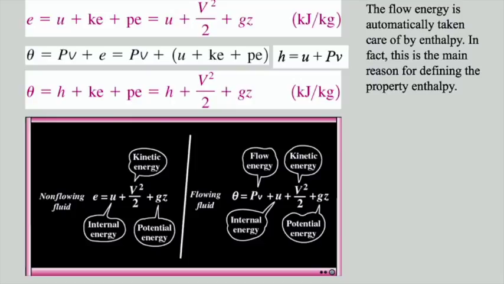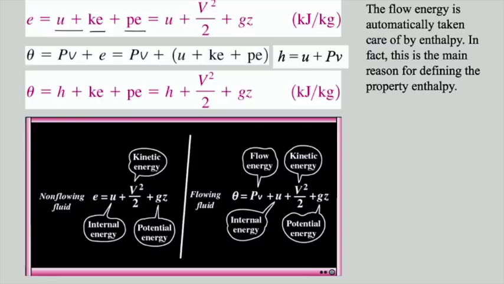With this new information, let us review our energy balance. For a non-flowing fluid, we have internal energy, kinetic energy, and potential energy, which is basically U plus V squared over 2 plus gz. Now, we're going to take into account a flowing fluid.